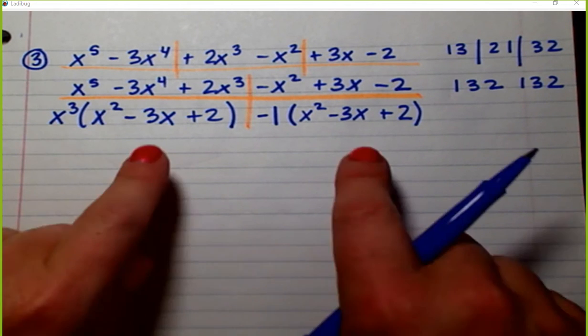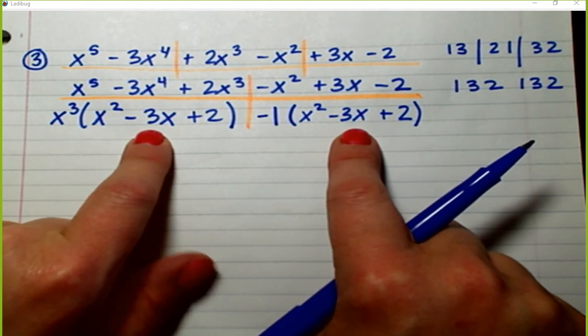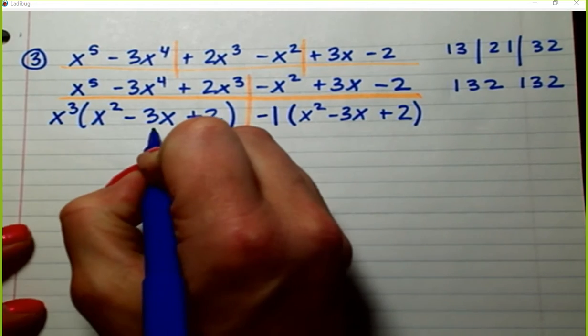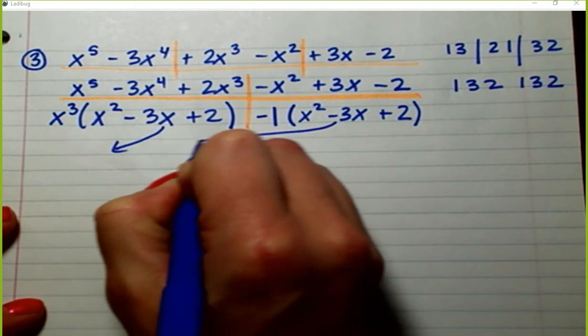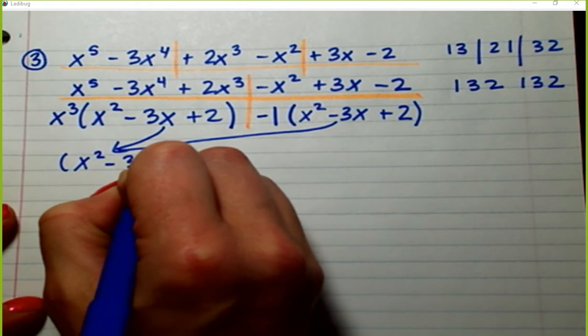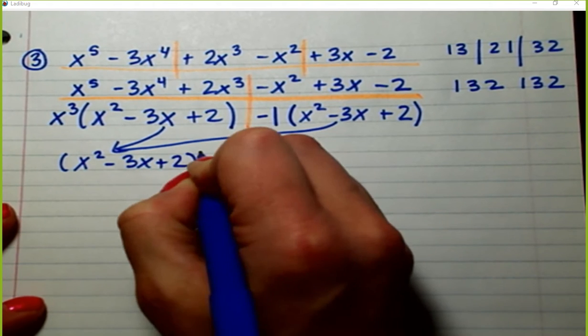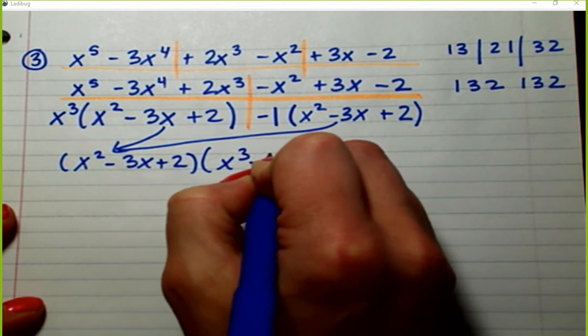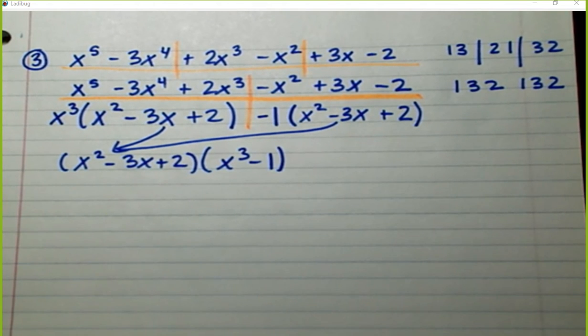Okay, look at that, guys. You've got the same factor here. That's how you know that you've done your grouping correctly, is you have the same factor that shows up. There's my grouping iteration.